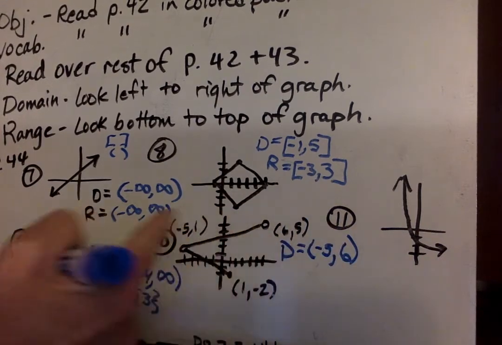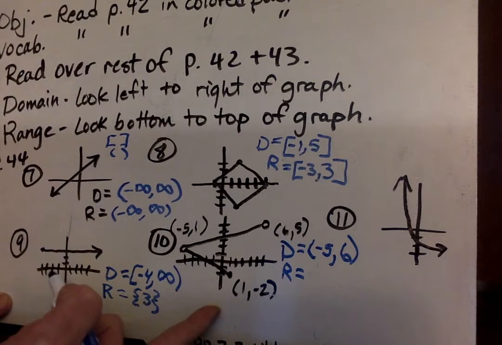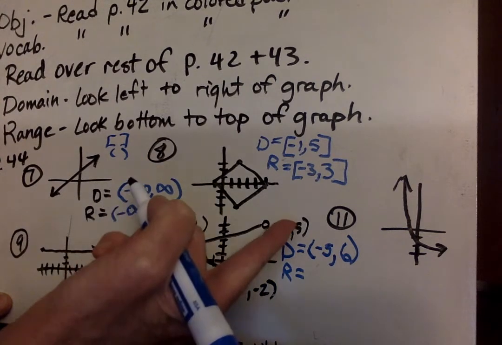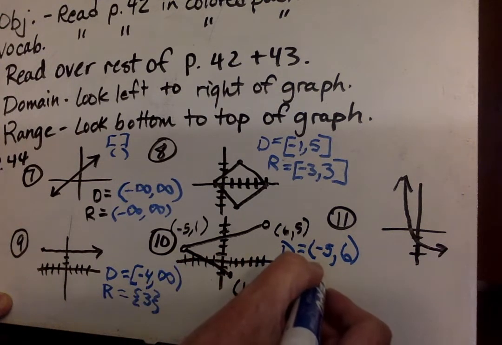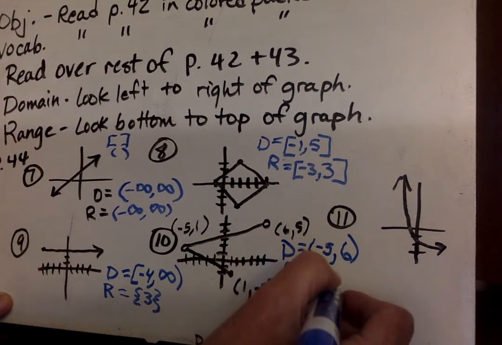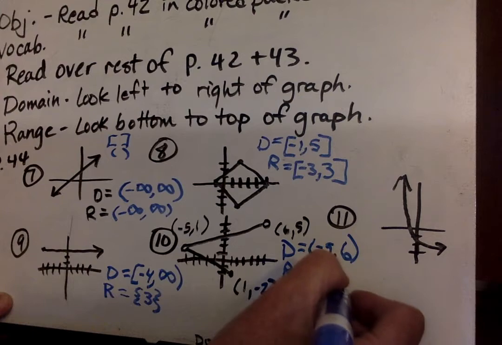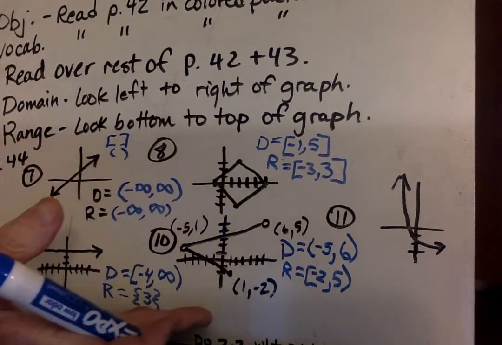That's left to right. Now for my range, I'm going to go down here at the bottom. And I'm going to say, oh, it goes from -2 all the way up to 5. And does it include -2? Yes, because it's a colored dot. All the way up to 5. And it does not include 5 because it's an open dot. So again, left to right and then bottom to top.